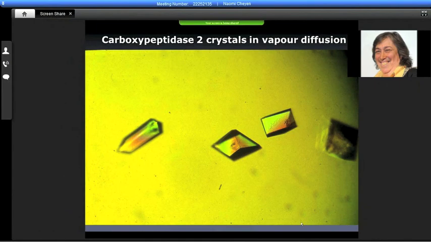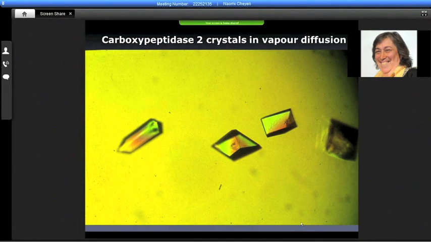Now here is a case study. This was carboxypeptidase G2, and initially we did vapor diffusion. Everybody did vapor diffusion. We got these crystals and they looked beautiful and everybody was very pleased, until we put them under the microscope just to examine them, and the crystals dissolved under our very eyes.